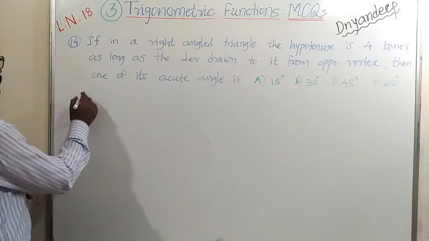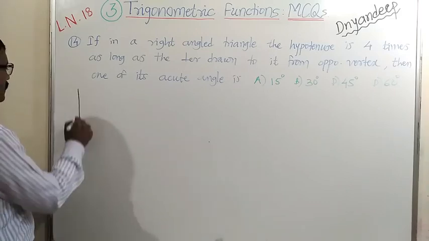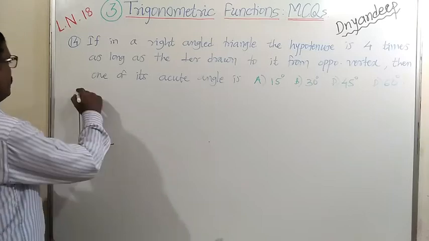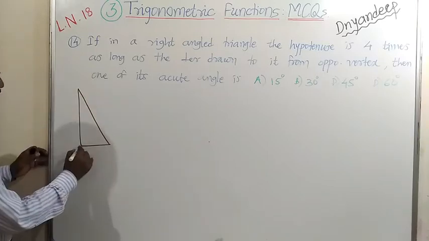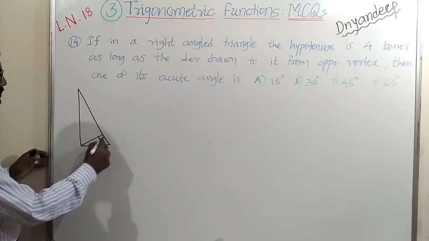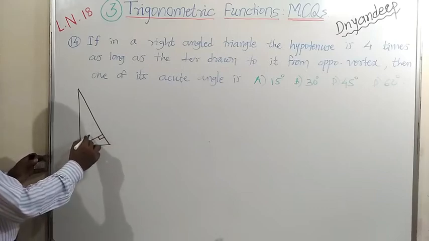So the figure: let us consider the right angle triangle like this, in which the length of the hypotenuse is 4 times the perpendicular. Suppose the length of the perpendicular is x.